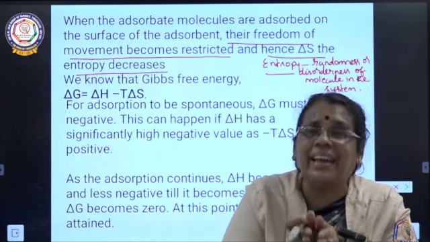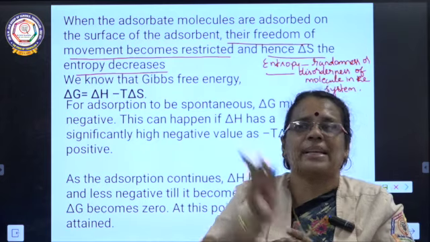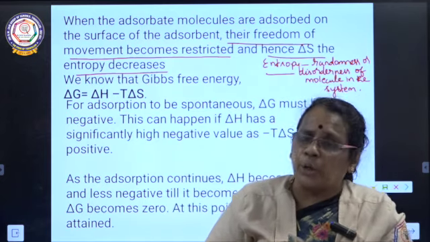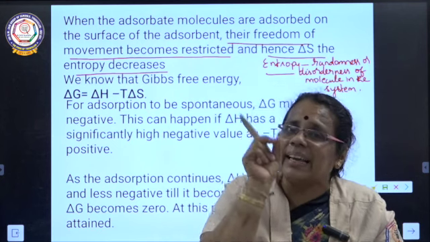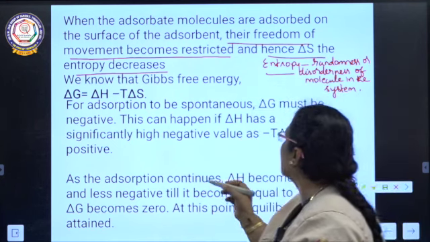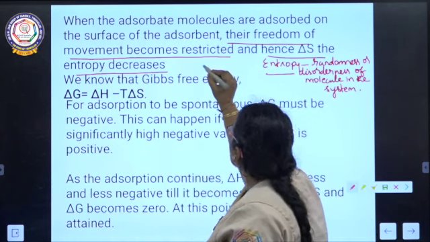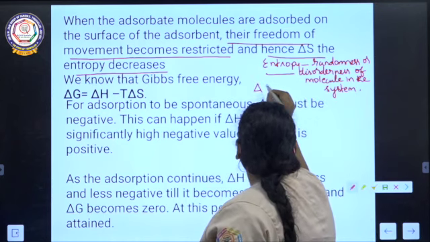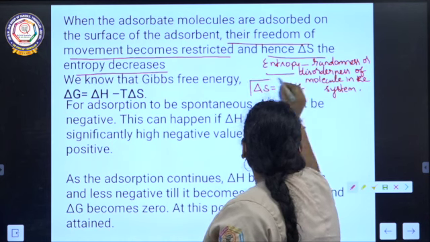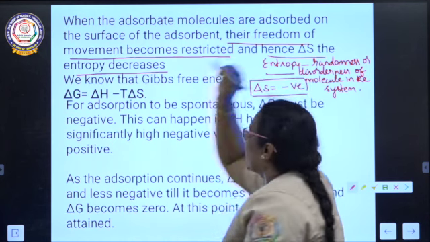I am arresting the movement of the particles. As a result, what is happening? There is a decrease in entropy, that is, a decrease in delta S. So delta S will be negative. Okay.